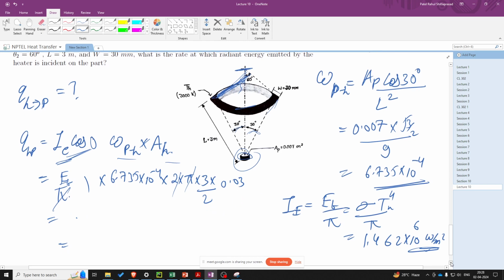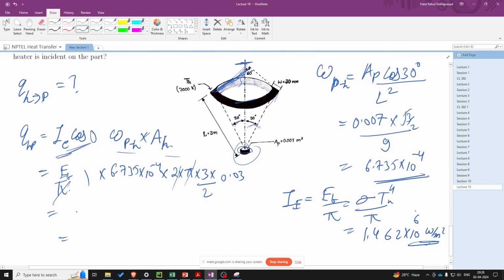So now what will be IE? We already calculated it as 1.462 into 10 raised to 6. Omega pH is, I think, 6.735 into 10 raised to minus 4. This area will be 3 divided by 2.